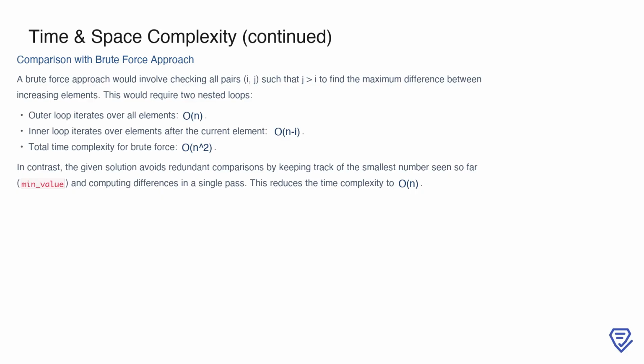The total time complexity for this approach sums up to O(n squared). In contrast, the optimized solution avoids unnecessary comparisons by keeping track of the smallest number encountered so far, min_value, and calculating differences in a single pass through the array. As a result, it reduces the time complexity to O(n), which is significantly faster for large inputs.